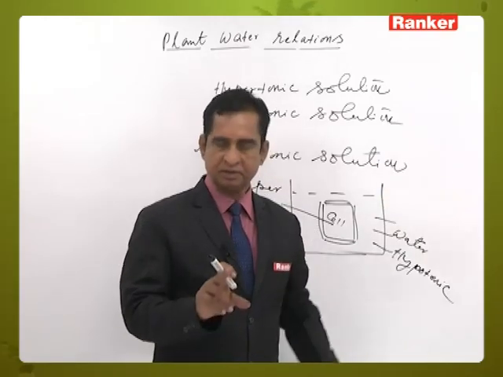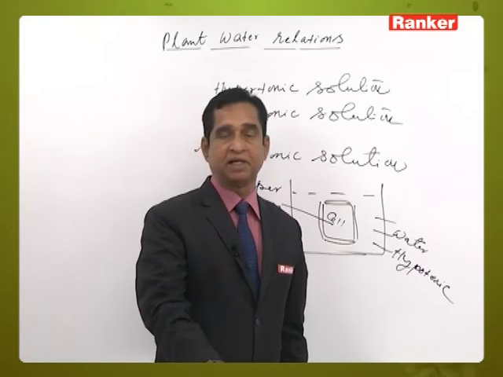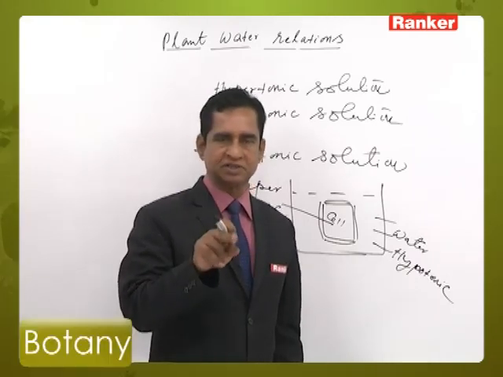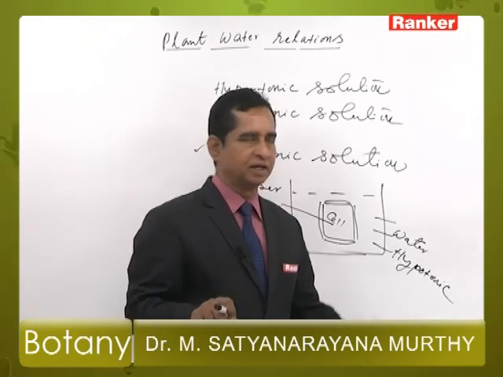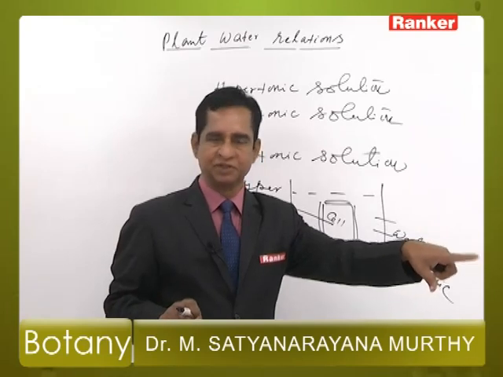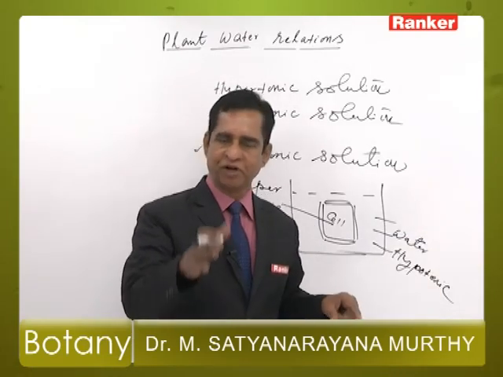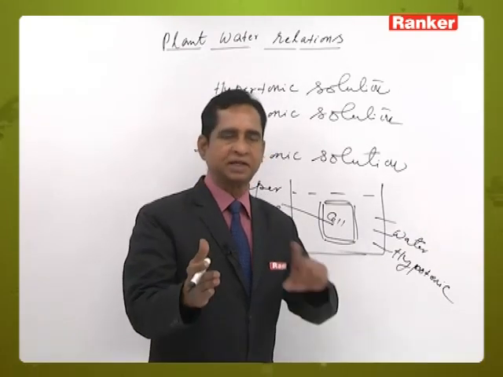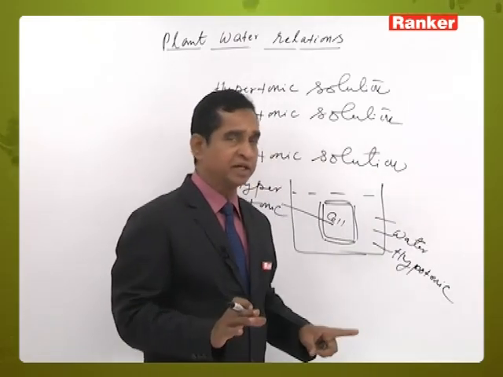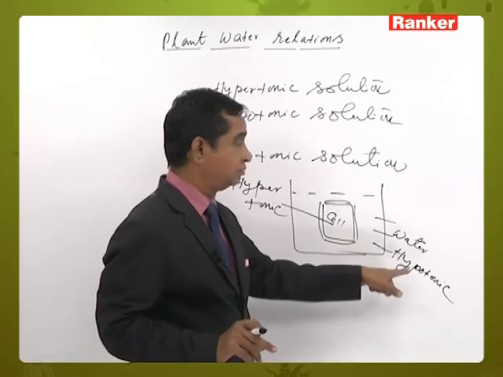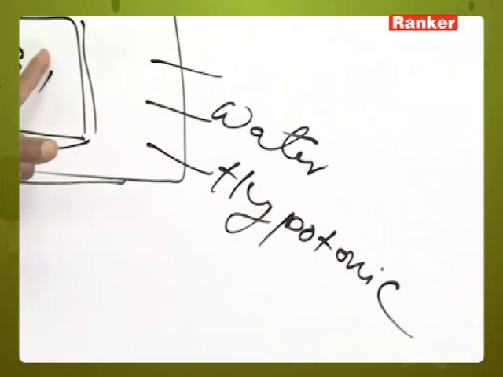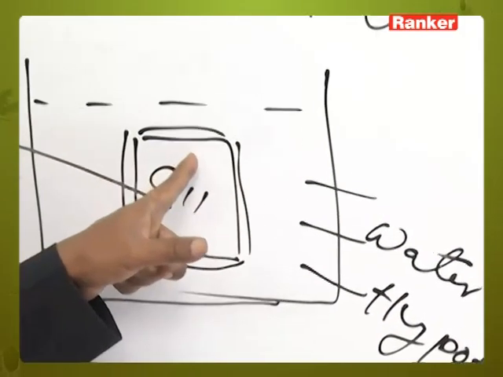Then only the water from higher potential, that is hypotonic solution has high water potential, hypertonic solution has lower water potential. So from the soil, from higher water potential enters into the plant. So the soil solution must have hypotonic condition and the root cells must have hypertonic condition.